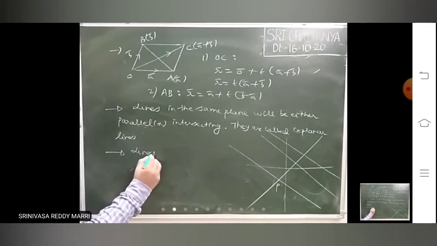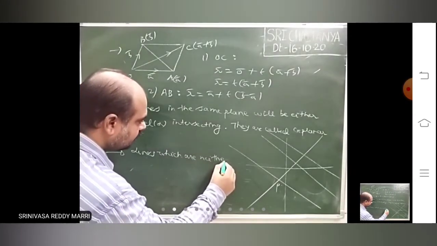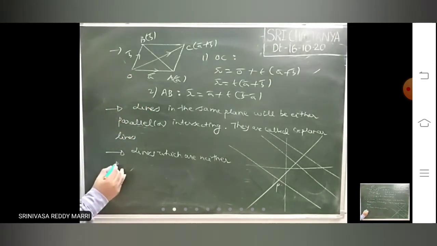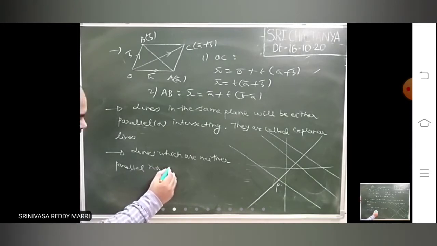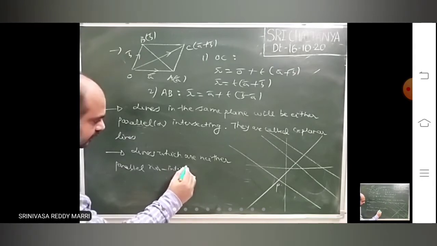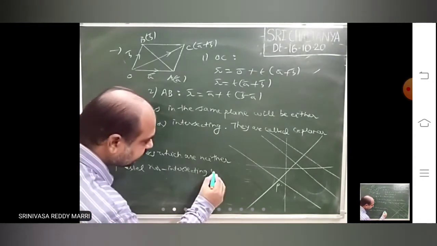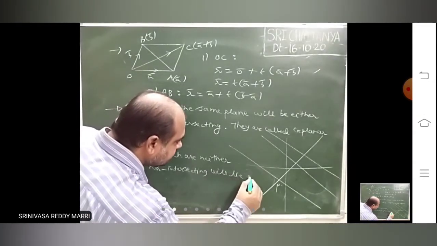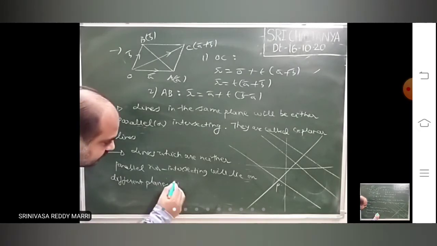Lines which are neither parallel nor intersecting will lie on different planes.